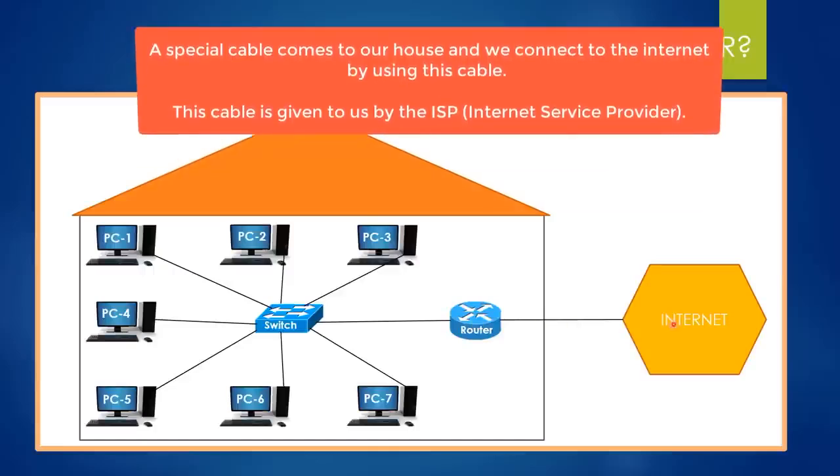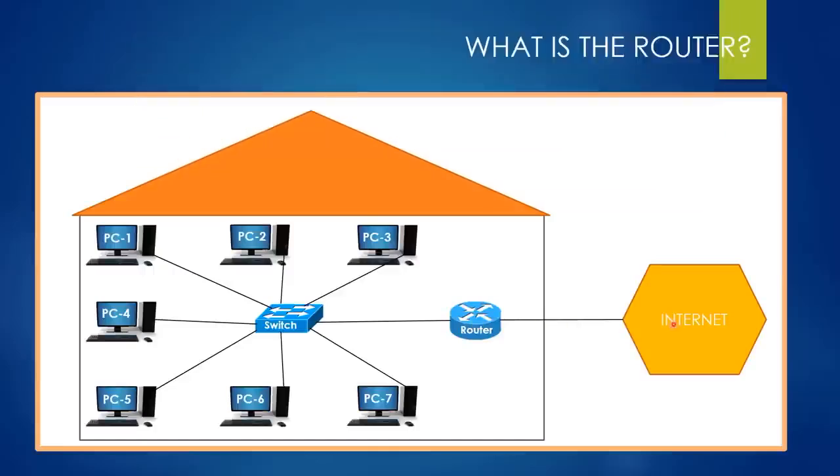If you have never heard of Internet Service Provider, don't worry, we will talk about it in detail. But for now, all you need to know is the Internet Service Provider is giving us this cable for a certain amount of money so that we can connect to the internet easily, okay? So currently, we have everything necessary to connect to the internet by using these computers.